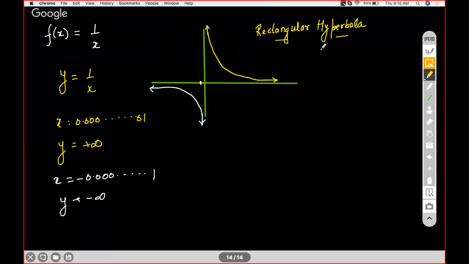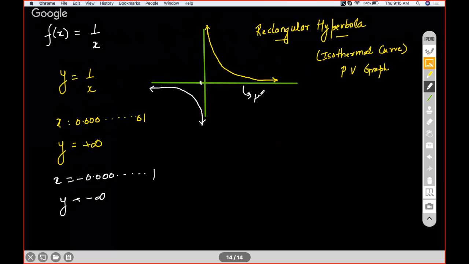You'll find these graphs also in physics in isothermal curves. The graph of P versus T, PV curve, PV graph. Now, all the transformations that we have learned so far would be applicable to this. Remember, it has two asymptotes.